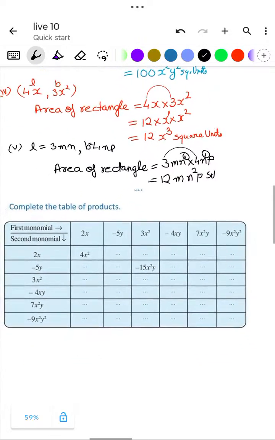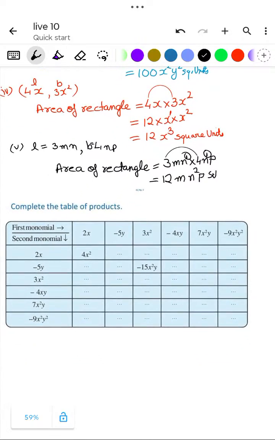Now question 3 is: complete the table of products. The first monomials are given in the row: 2x, minus 5y, 3x square, minus 4xy, 7x square y, minus 9x square y square.